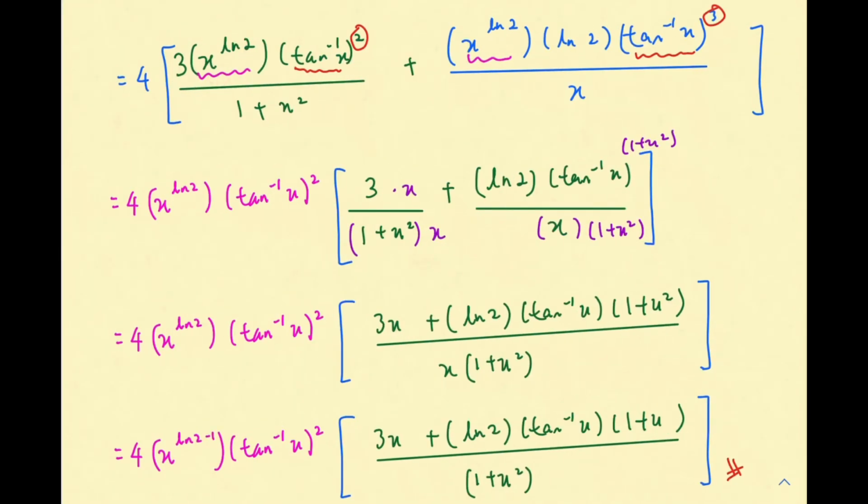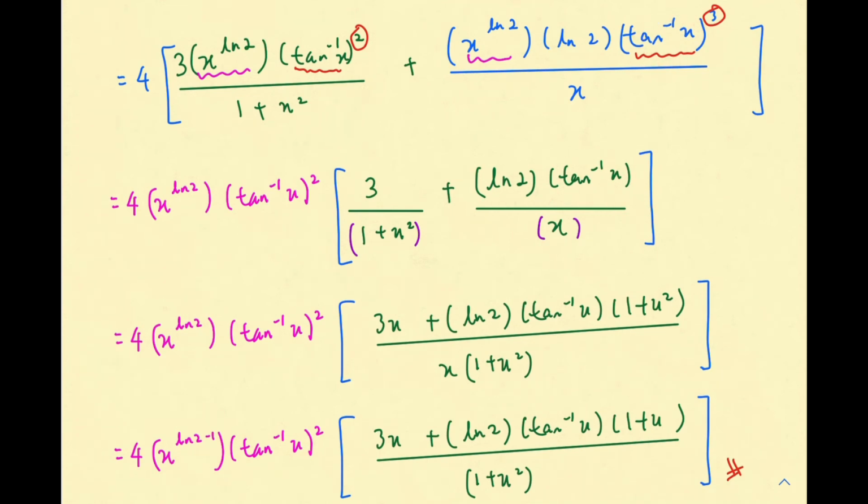This is the same term, so you can bring it out, factorize it. And for this function here, inverse tangent x, you have a common term, but this is power of 2, this is power of 3, so let's take out the lowest one. So take out inverse tangent to the power of 2. So you're left with 3 over 1 plus x squared, plus, and here you're left with ln 2, one of this factor here, inverse tangent x over x.